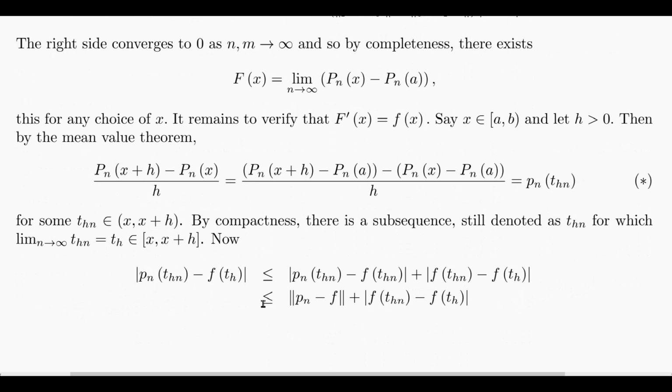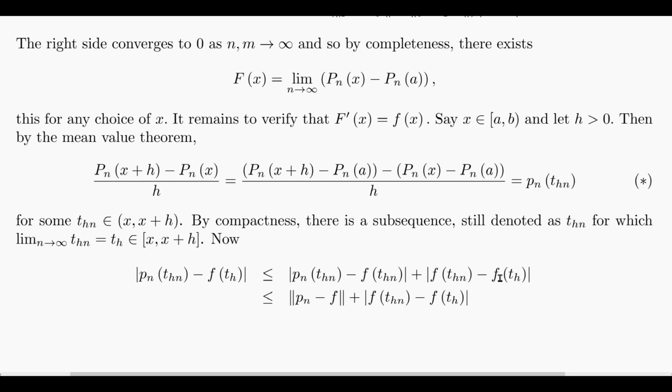So now I have p sub n of t sub hn minus f of t sub h. I want to look at this, and I want to show that as n goes to infinity, this expression converges to 0. Well, this is smaller than this by the triangle inequality. And now this is smaller than the norm of p sub n minus f.